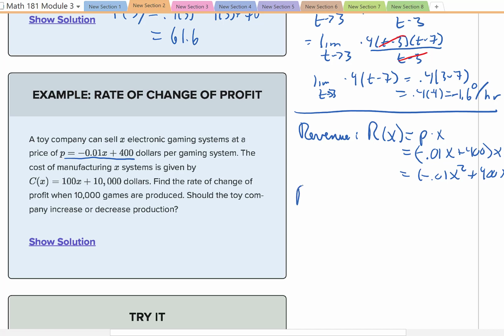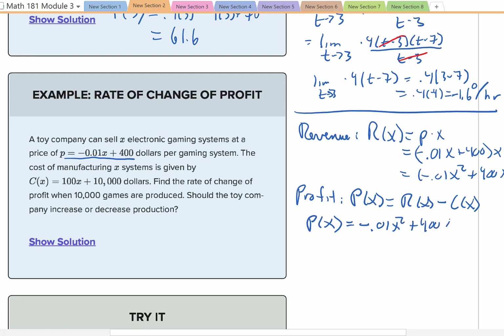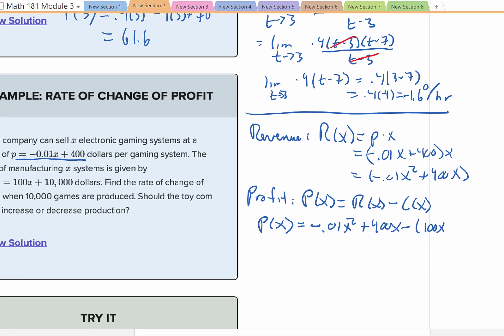So our profit will be capital P of x, and that's the revenue minus the cost. So P of x will be negative 0.01x squared plus 400x minus 100x, plus 10,000.